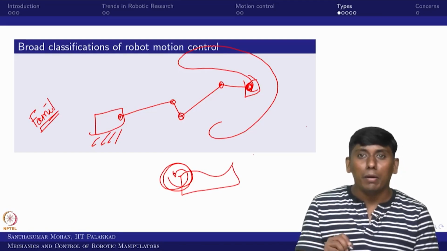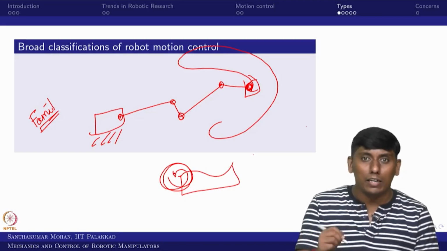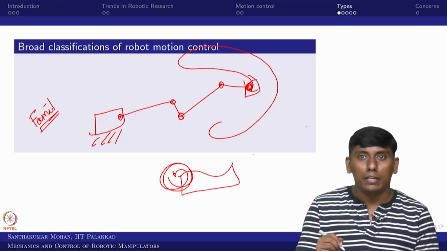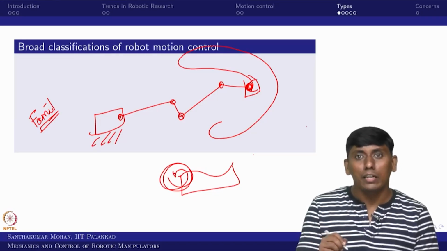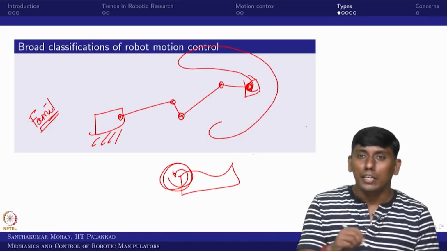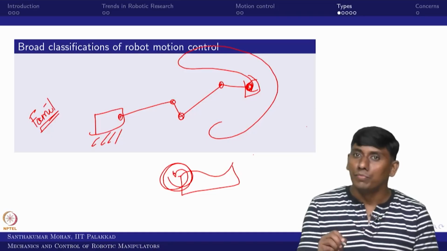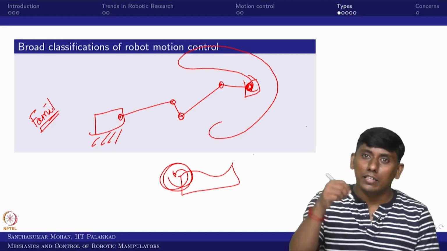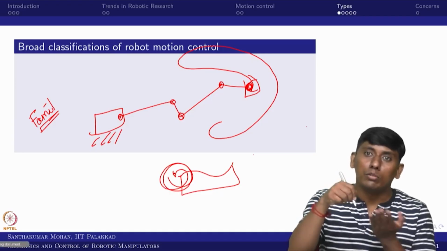Another simple example: you have a laser cutter on the end effector of the manipulator. It needs to cut a metal plank into pieces as per the given seam. In that case, there is no contact of the end effector with the metal piece.